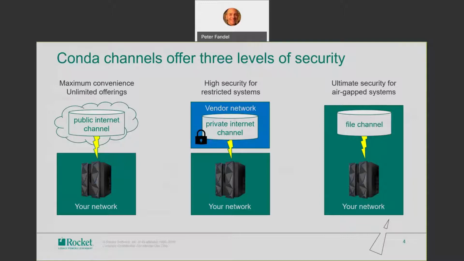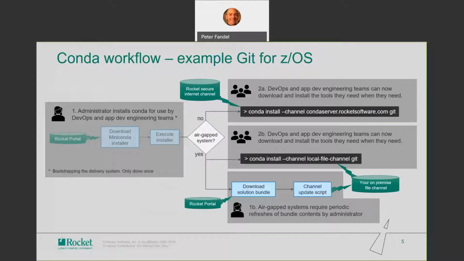And finally, for the ultimate in security, there's something called a file channel, which is ideal for air-gapped mainframe systems. A file channel can be set up on-premise for use within your organization for downloading. And it's the same Conda commands for downloading from a channel, regardless of whether it's a file channel, a private internet, or a public internet channel. I'll be demonstrating all three of these in just a moment.